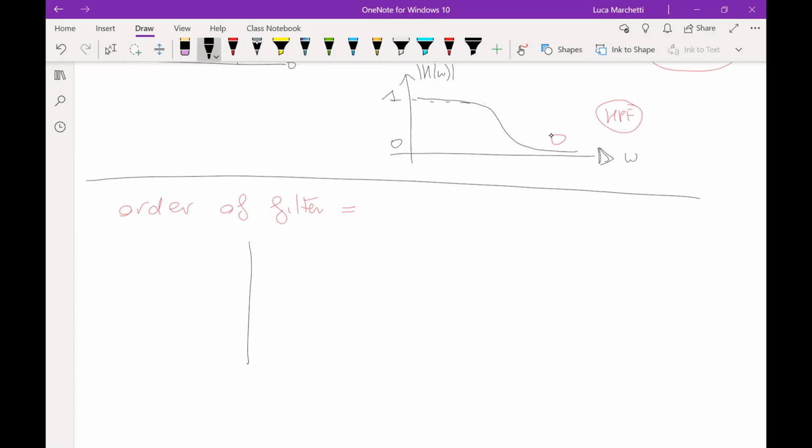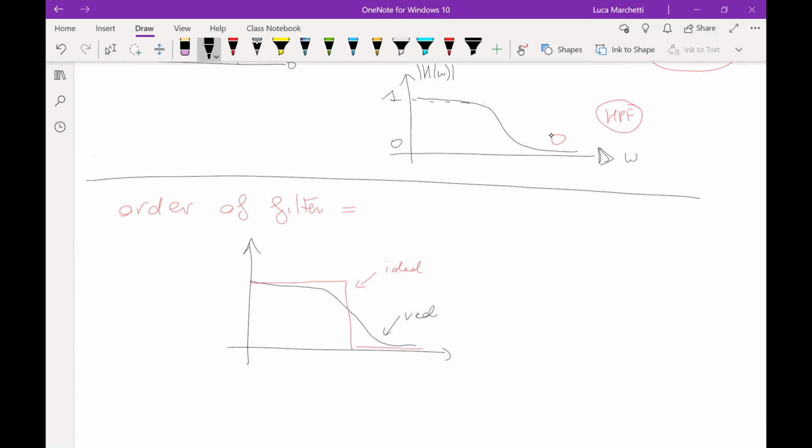Let's consider the frequency response of a low pass RC filter, for example, that we saw before. Then we also draw the other part like this. This is the ideal, and this is the real.